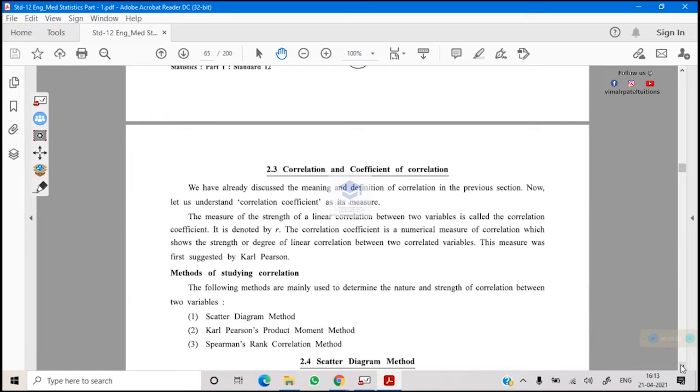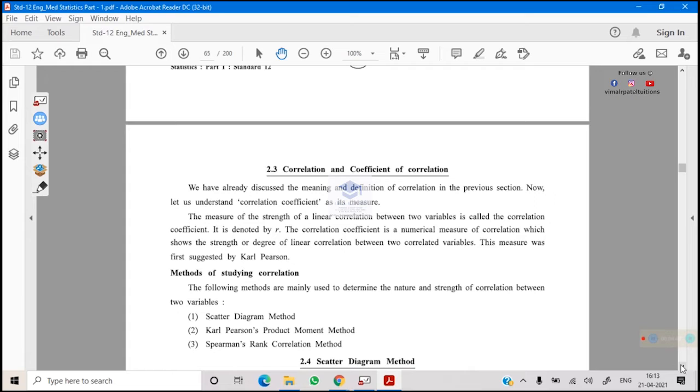Correlation is just a quality. It is just a characteristic. The exactness or the measure which will define how closely two variables are correlated is known as the correlation coefficient, which is denoted by r.